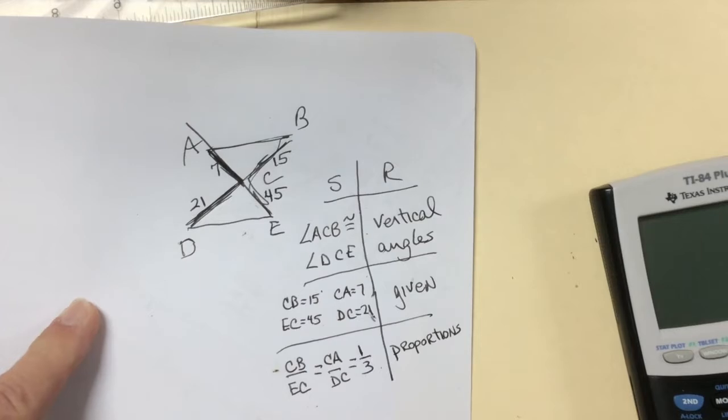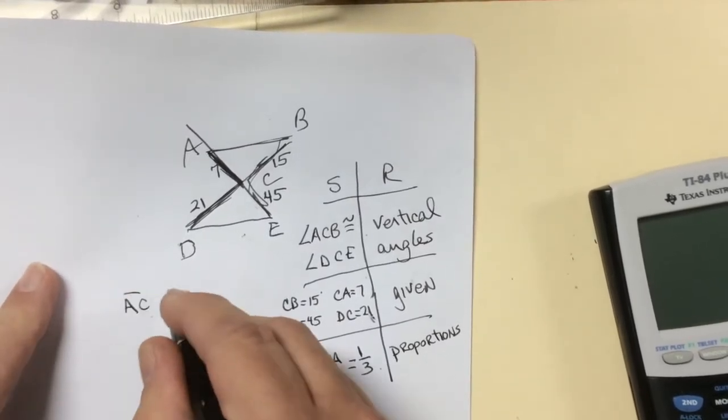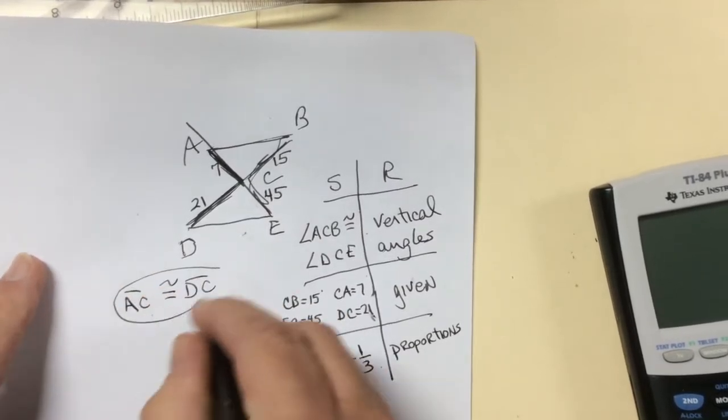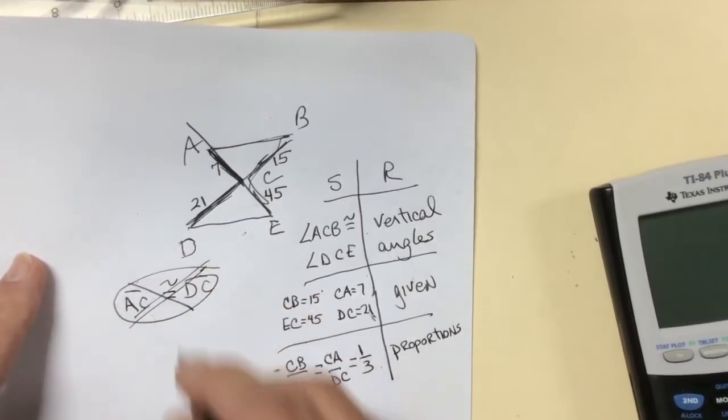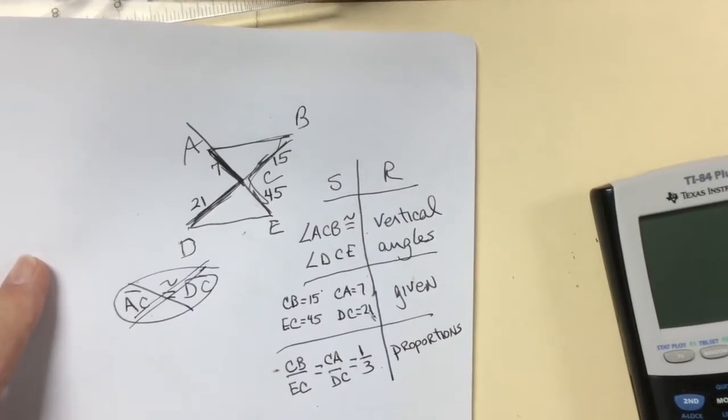Now notice I said they form a proportion. You do not want to write this, because it's just not true. AC is not congruent to DC. They're different sizes. But the proportions they create, those are the same.